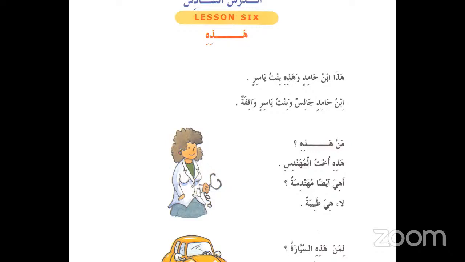So Hada is the subject, ibn Hamidin is the khabar. This is Hamid's son. And Wahadihi bintu Yasirin, and this is Yasir's daughter. So Hadihi is the subject, mubtada, bintu Yasirin is mudaf ilay, and it's coming as the khabar.